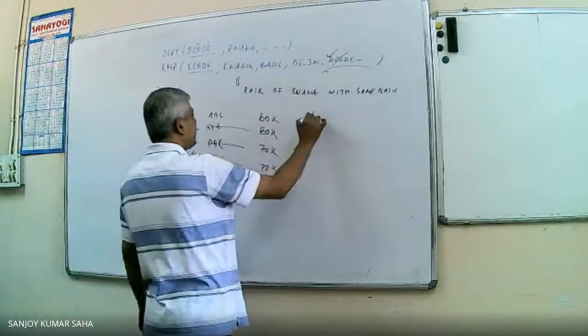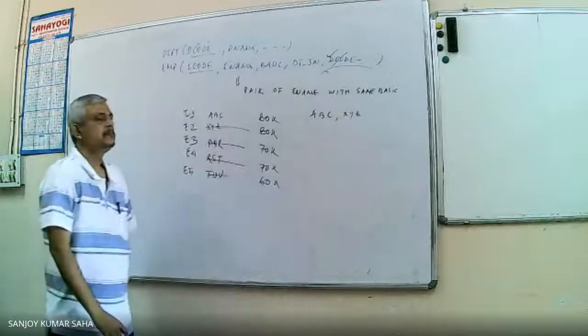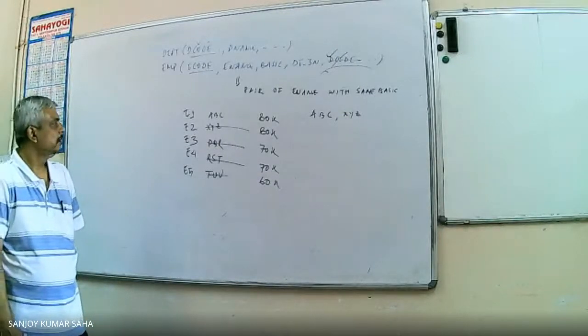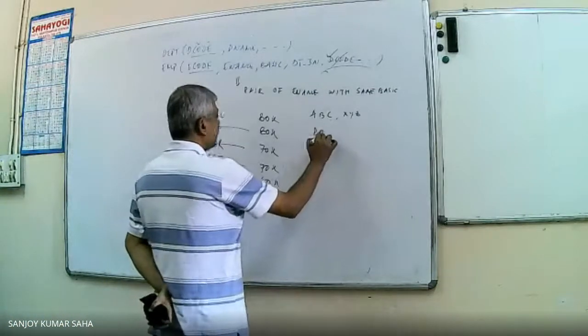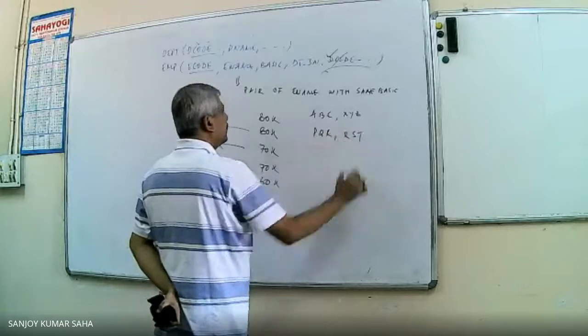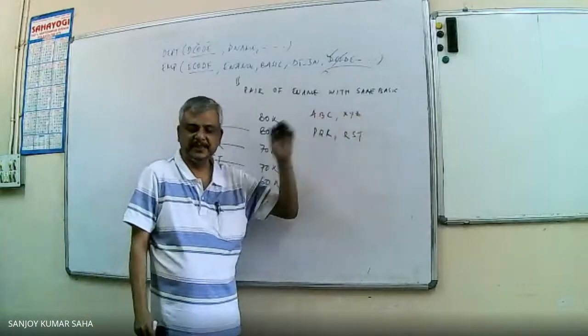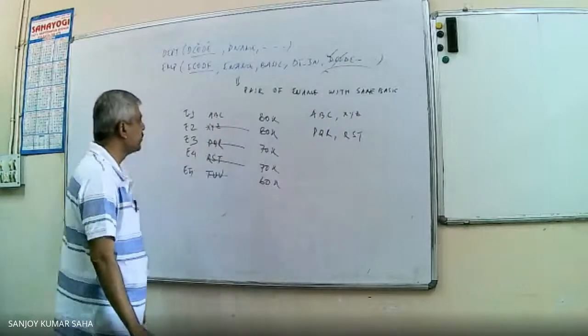So this is one pair, and this is another pair. If it is ABC, XYZ or XYZ, ABC, it hardly matters. So how can I do this?